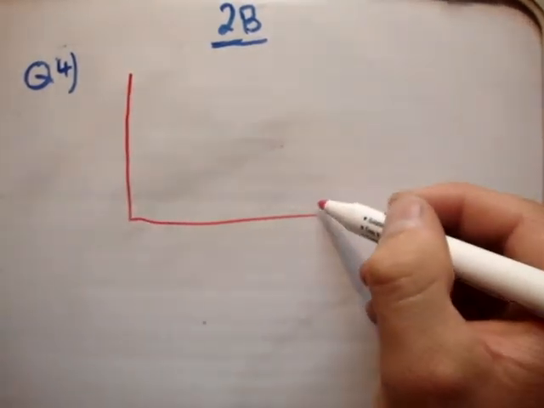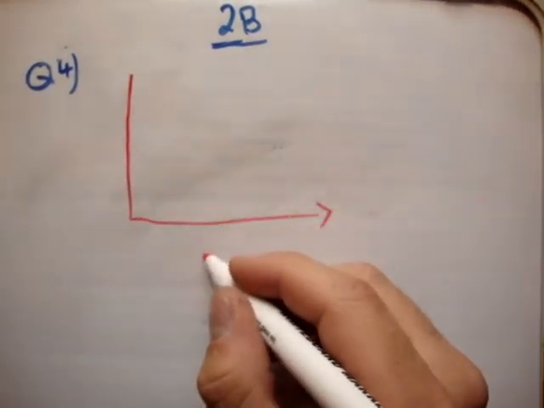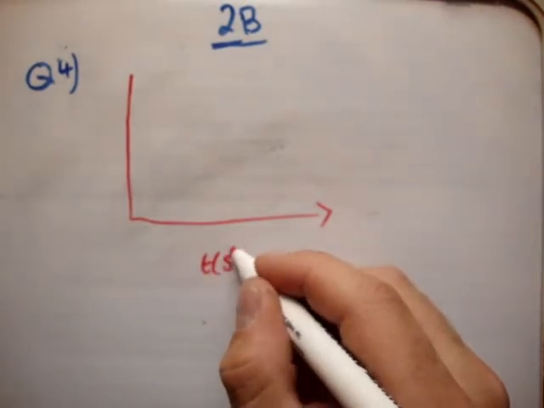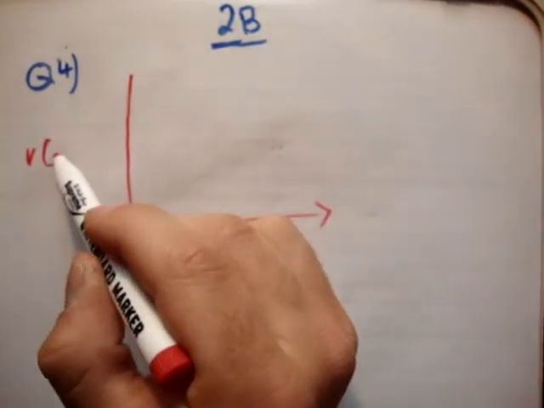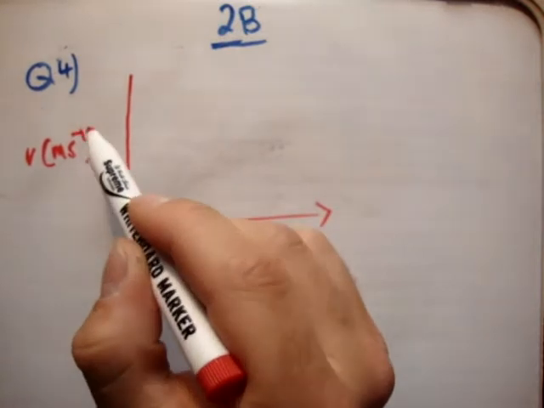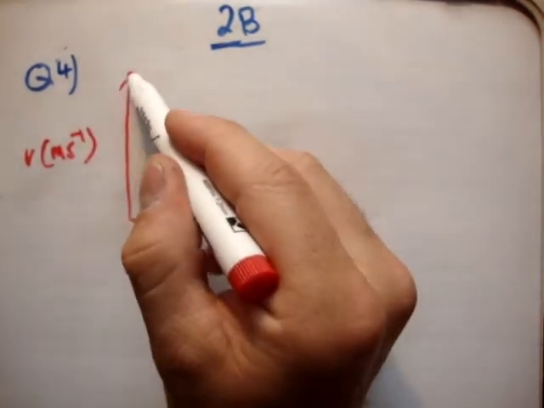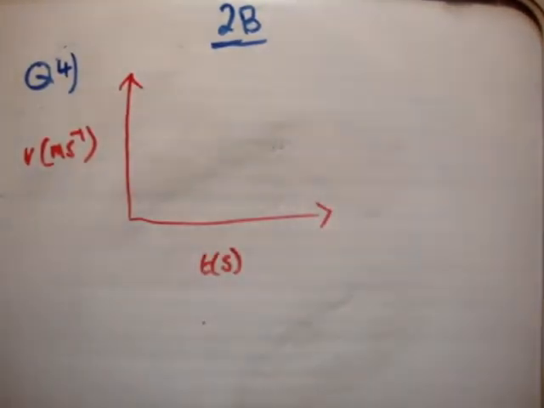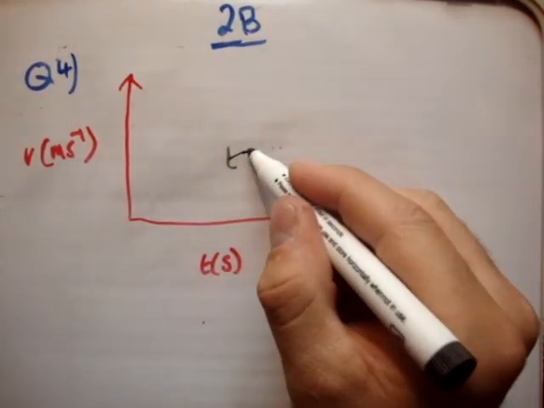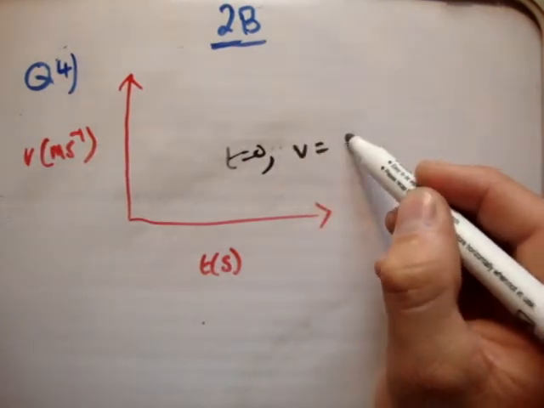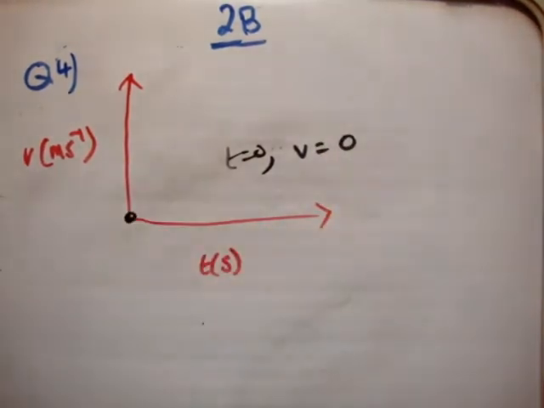So we draw our y-axis, we draw our x-axis. On the x we have time measured in seconds, on the y we have speed measured in meters per second. We know the car accelerates from rest, so at time t equal to 0, the velocity is also equal to 0. So we draw that point.